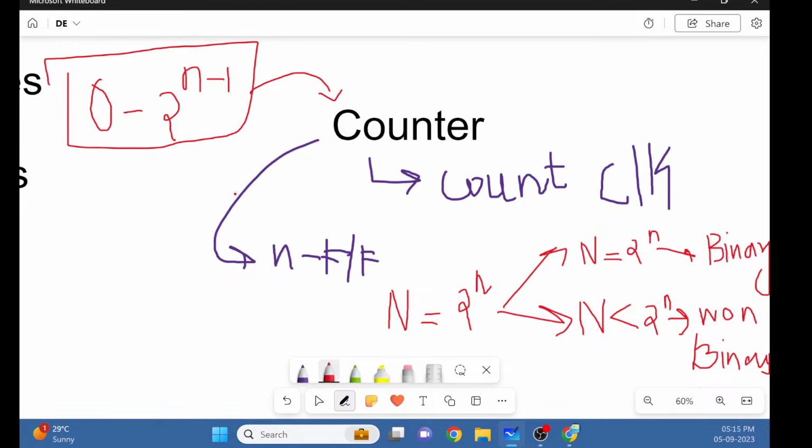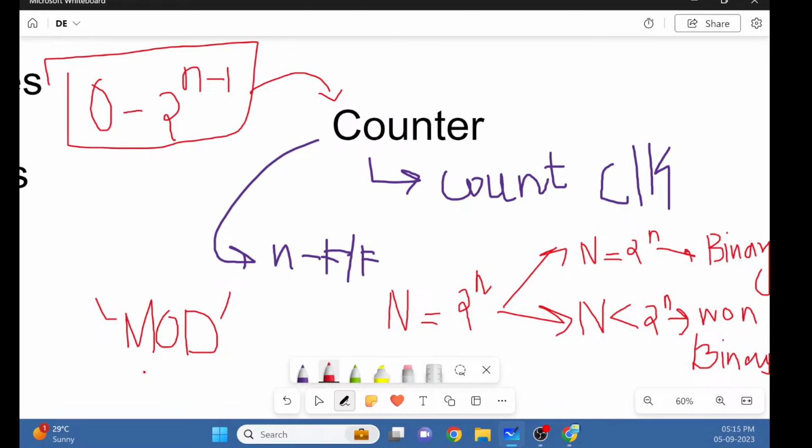Now what is a mod number? The number of states present in a counter is known as the modulus of the counter, or a mod counter. So mod is nothing but the number of states that the counter counts through.